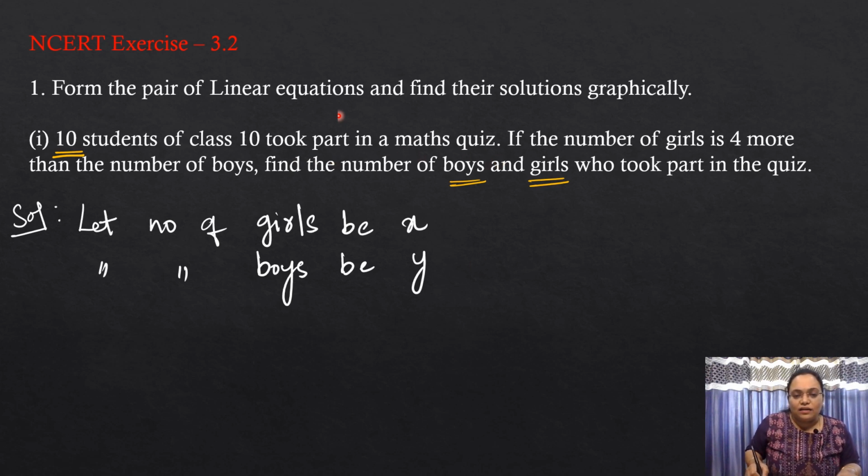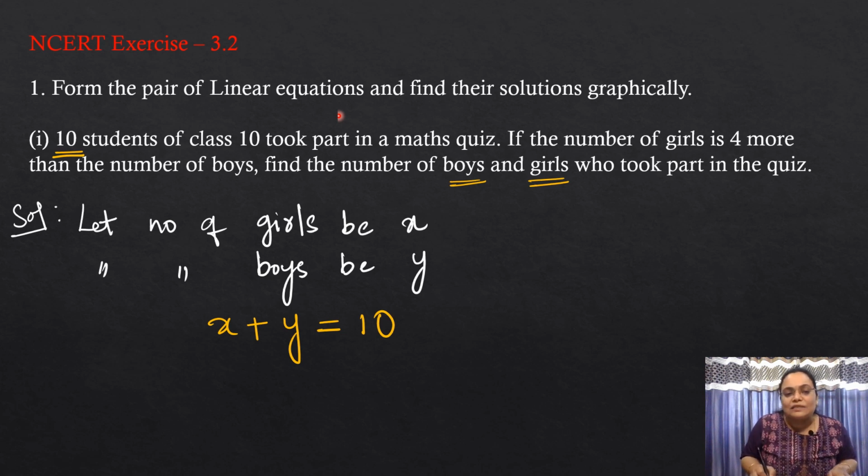So we take number of girls X plus number of boys Y, that is the number of students who took part in the maths quiz, which is 10. That is X plus Y is equal to 10. So this is your equation number 1.